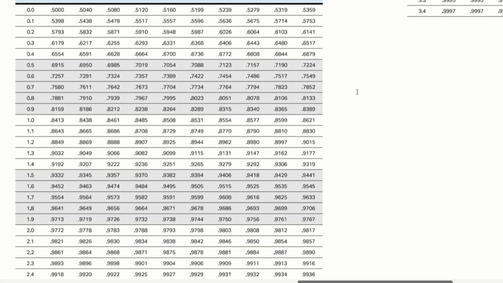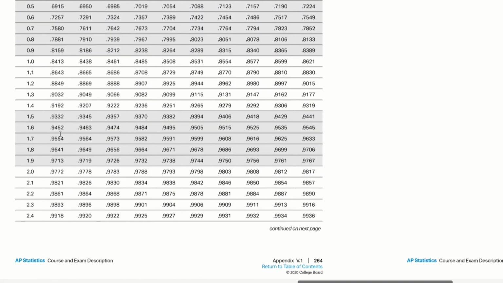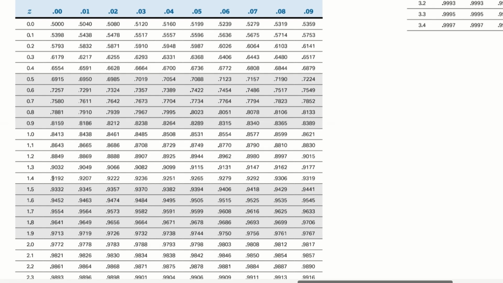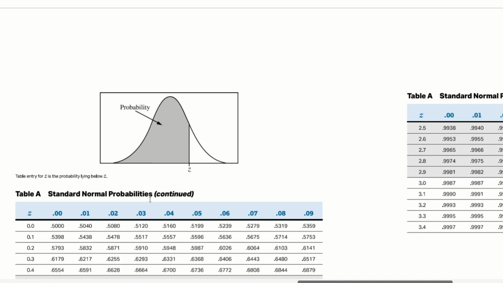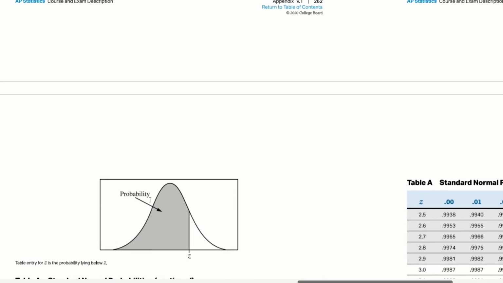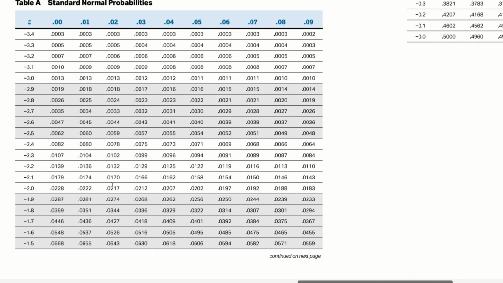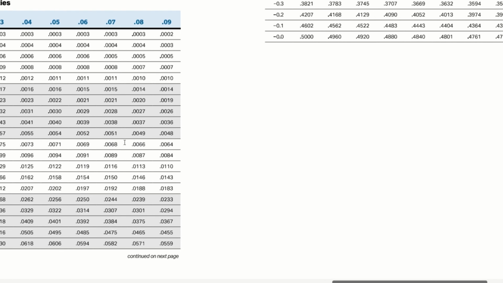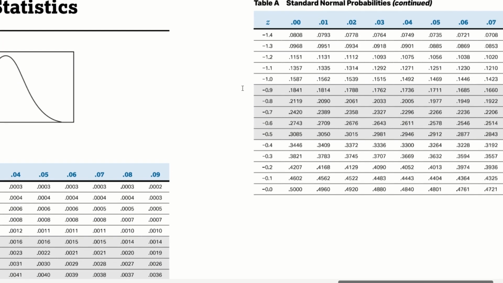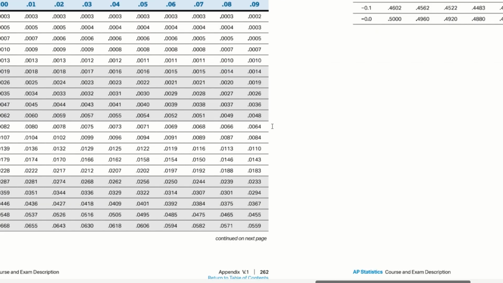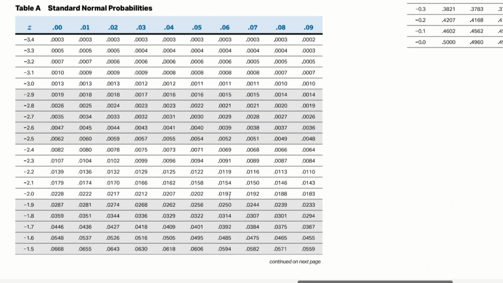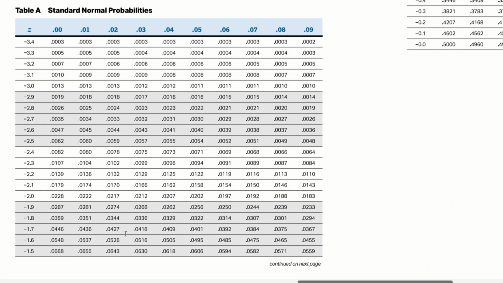Okay, we got 1.6, and then 0, 1, 2, 3. So yes, 1.63. That's 0.9484. Okay, and then the next one, negative 1.63. So negative 1.6, and then 3, 0.0516.